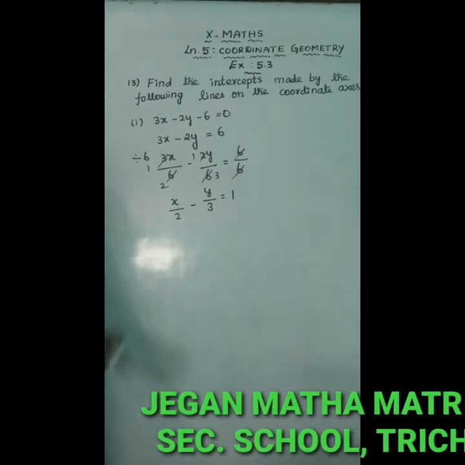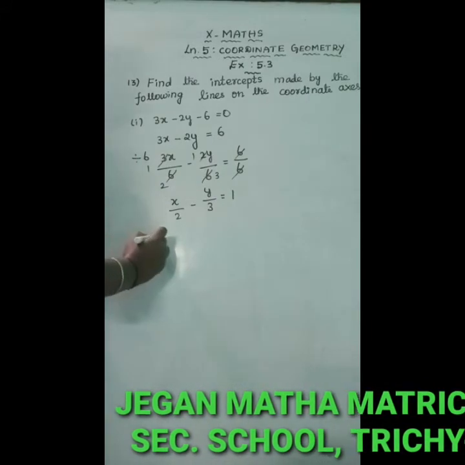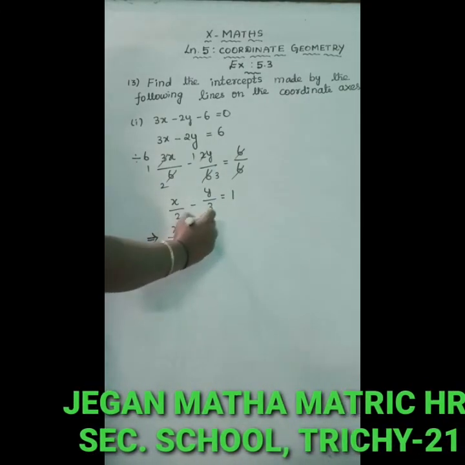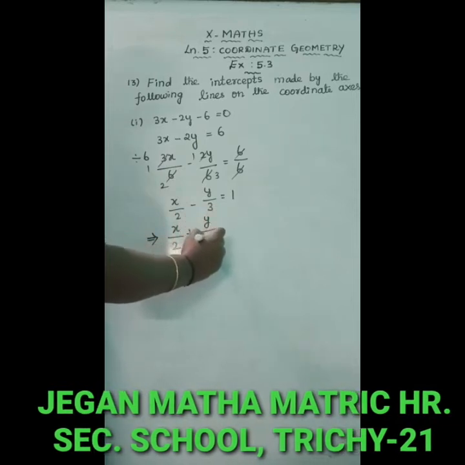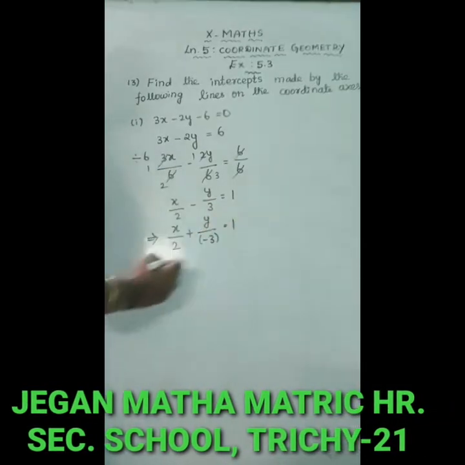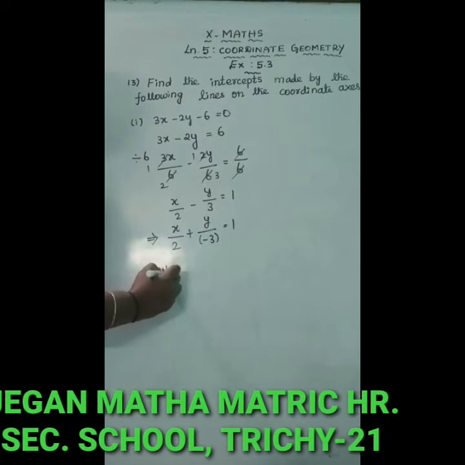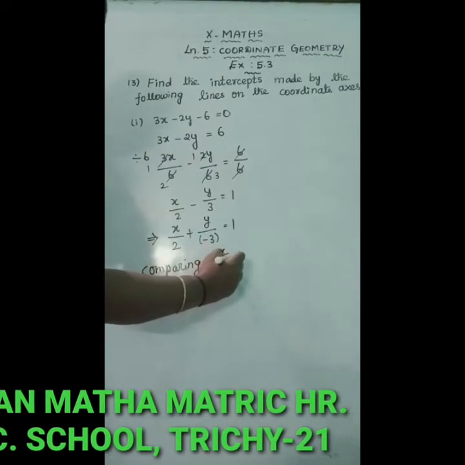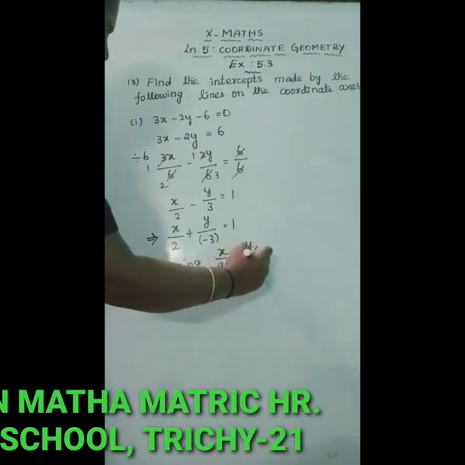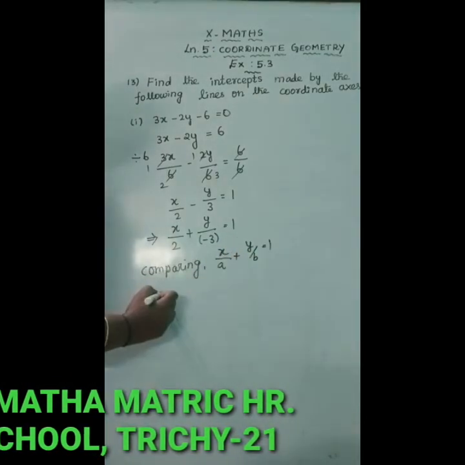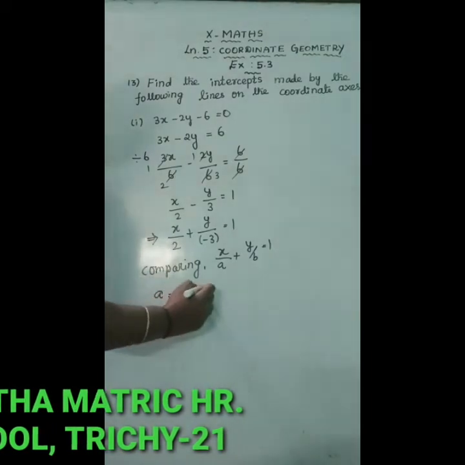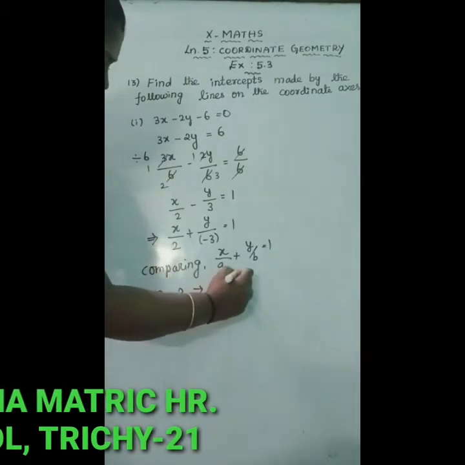So here we change it to the intercept form. x divided by 2 plus y divided by minus 3 is equal to 1. So comparing with the intercept form, x by a plus y by b is equal to 1, here a is equal to 2, that is x intercept.